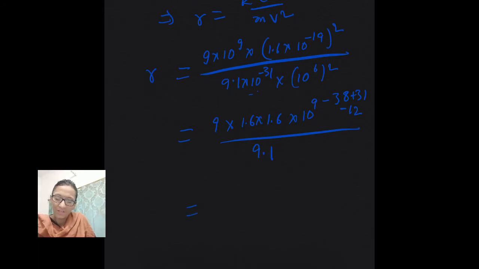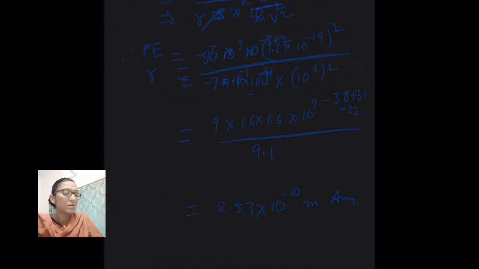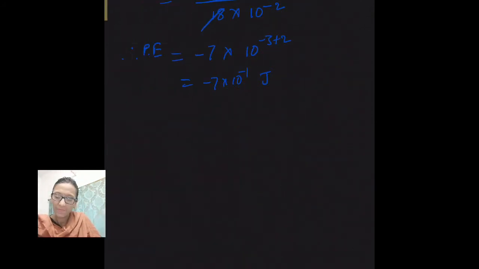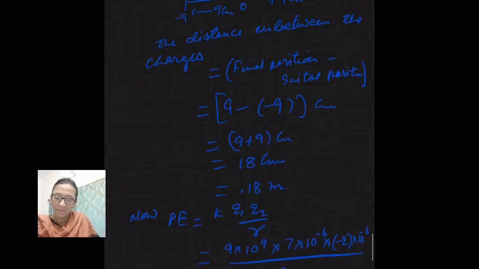Now in the denominator you will have 9.1. So on simplifying, you can get 2.53 into 10 power minus 10 meter.